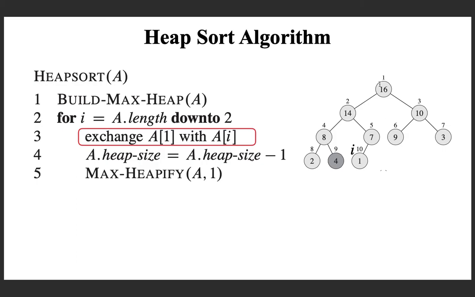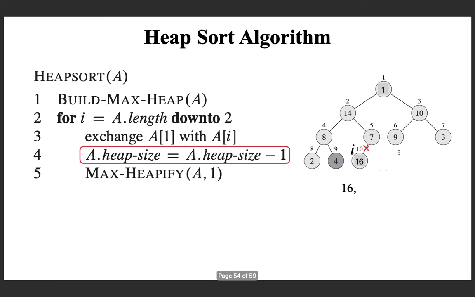interchange. So this is presently the largest element. What actually you are going to do is, you will take this element over here and you will add 16 to the sorted list, and that is what you do. So you interchanged, and then you are decreasing the heap size by 1. It was 10, now it will be decremented to 9.